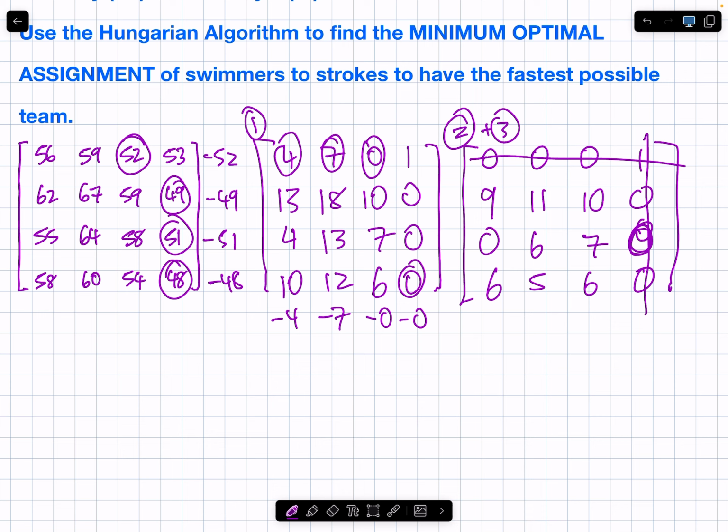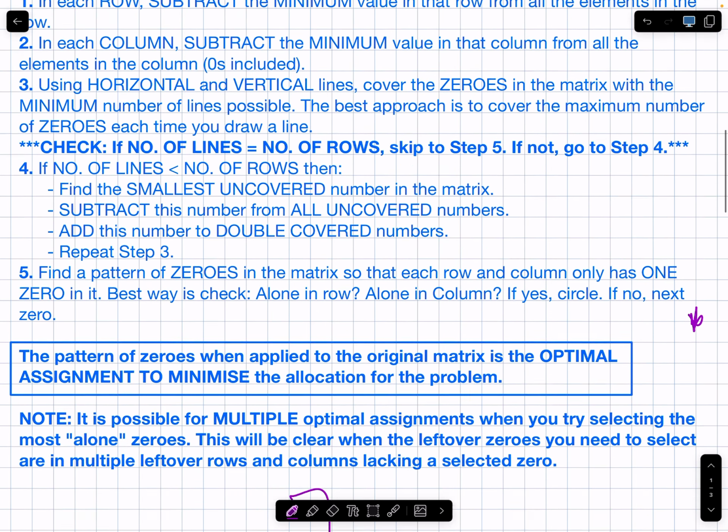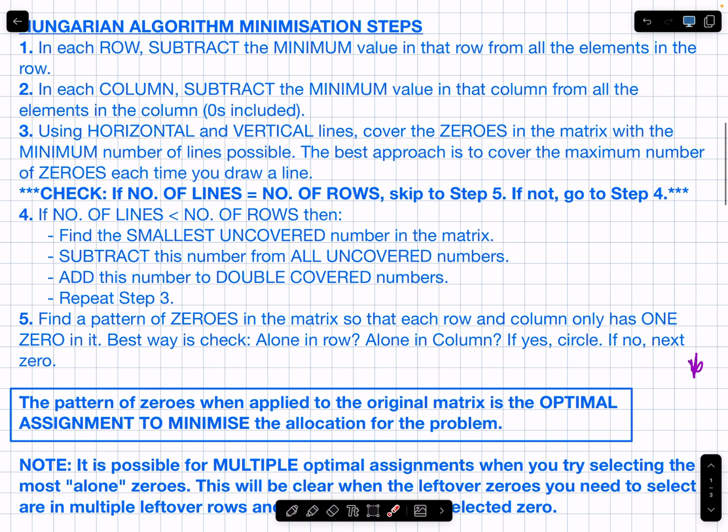Even though I've already covered that, I can still hit it like that. How many lines did I just draw? 3 lines. See how I said it was like noughts and crosses? So you've just done step 3. Part of step 3 is to check if the number of lines is equal to the number of rows. If it is, question?